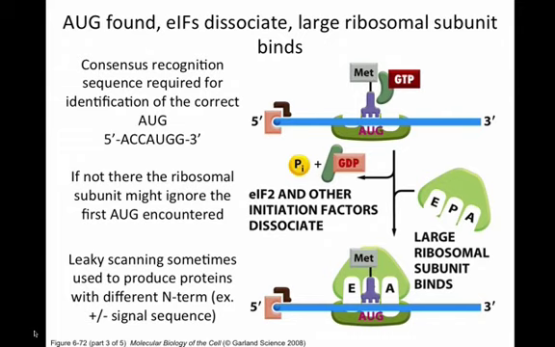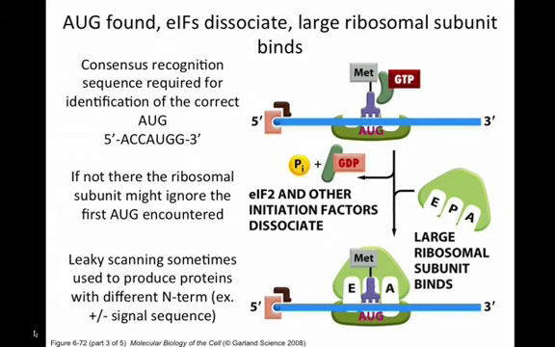So if I ask you, how does the ribosome know where to start translation, you would say we look for the Kozak sequence, or the AUG in the context of a consensus sequence that is important for a ribosome binding site. It's a consensus sequence, which means that it's not always ACC AUGG, but there are variations to that.